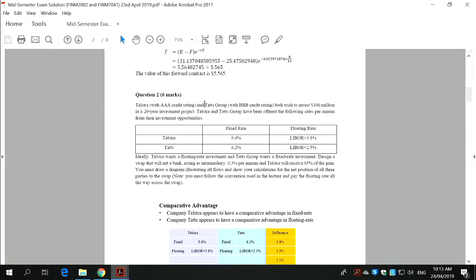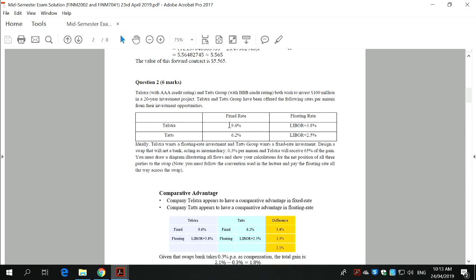Second question. You are asked to design an interest rate swap on investment, not on loans. So you were told Telstra has an AAA credit rating and Tesla Auto Group has a BBB credit rating. They both wish to invest $100 million in a 20-year investment vehicle. Telstra and Tesla Auto have been offered the following rates of return on their investment opportunities.